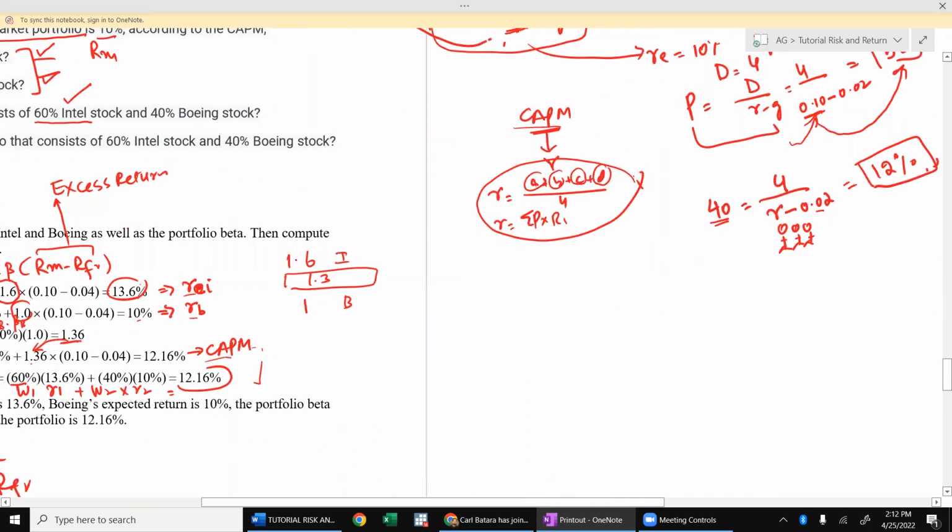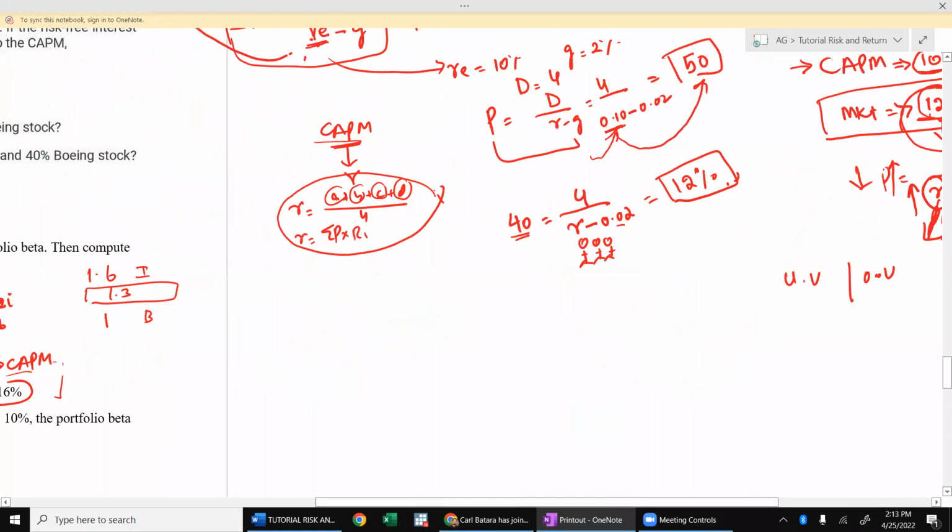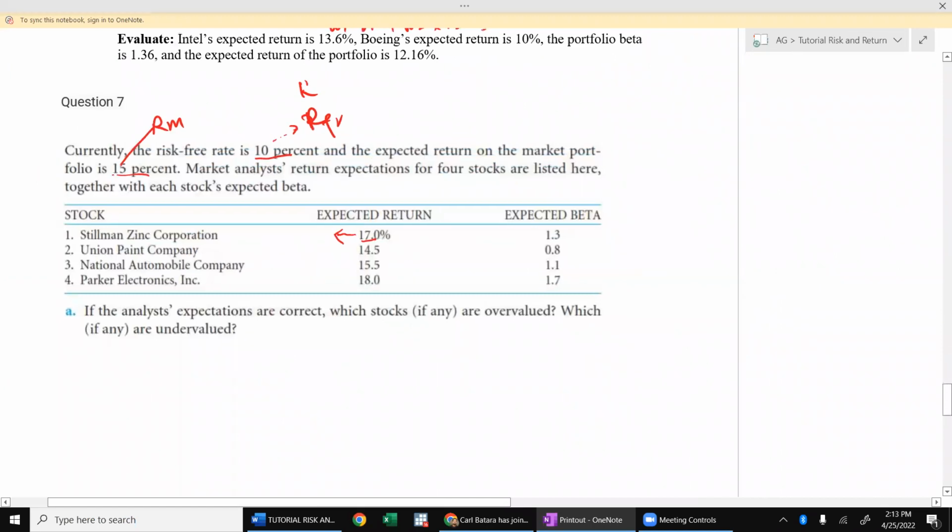This is a similar situation to what I explained here, 12%. For this stock they are requiring 14.5%, for this stock 15.5%, and 18%. Remember, these returns are not what should be, they are what is actually happening in the market.